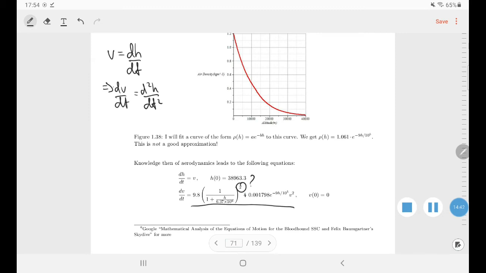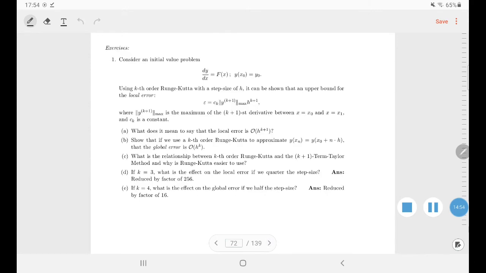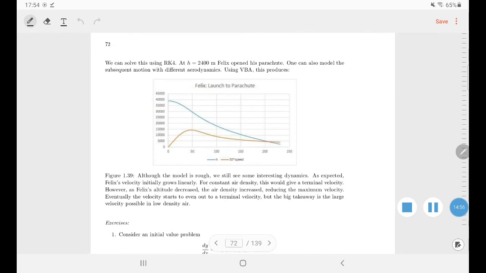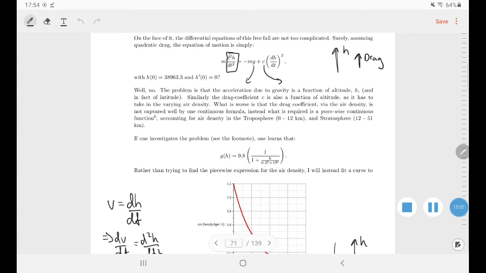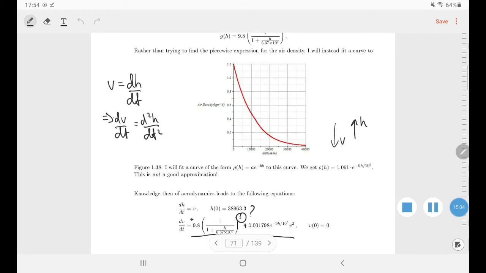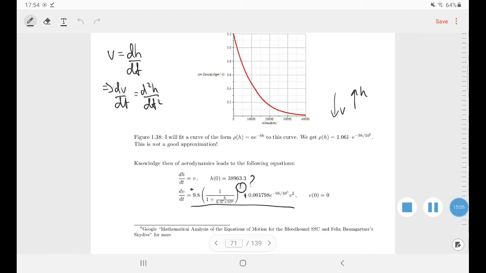In fact, this definitely should be plus and this definitely should be minus. Or have I chosen downwards to be v and upwards to be positive h? Maybe that's what I've done. If I did this properly, yes, I have chosen downwards v to be positive, so that's where the sign change comes from. That's okay. The squaring shouldn't be there.